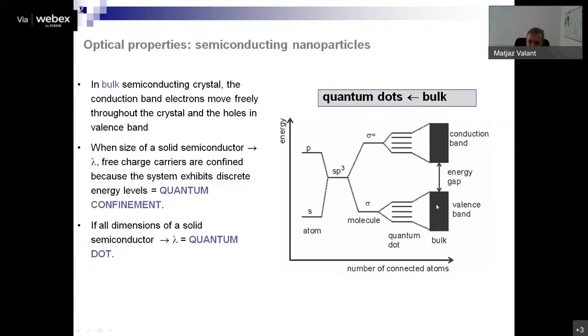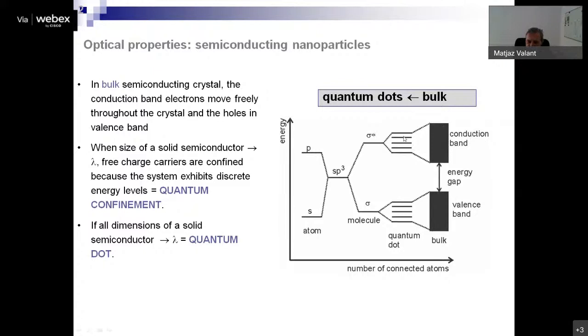So in the bulk we have continuous bands, continuous valence band and continuous conduction band. But now if you start shrinking down the clusters of material, reducing the numbers of atoms in the materials, you're also reducing the density of the states within a particular band.